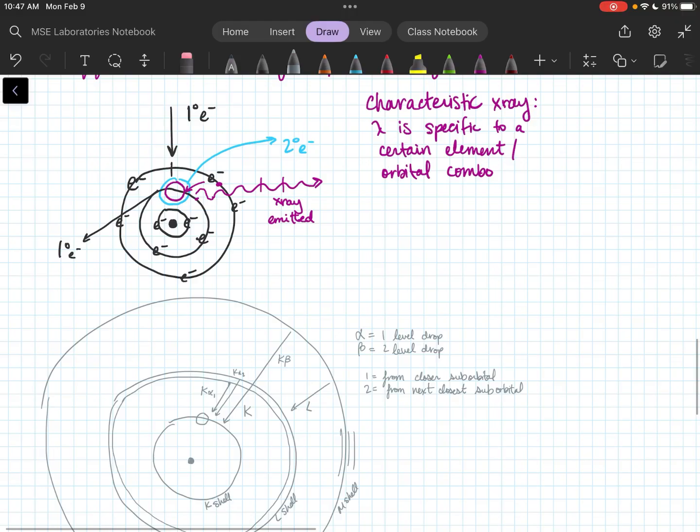All of that to say, these values, K alpha 1, K alpha 2, K beta, L alpha 1, L alpha 2, whatever, all of those are considered to be a characteristic X-ray. That wavelength, this K alpha 1, comes only from this element.